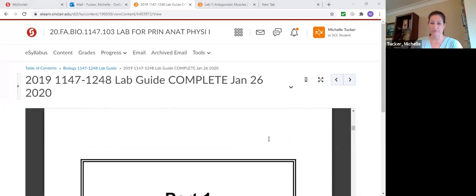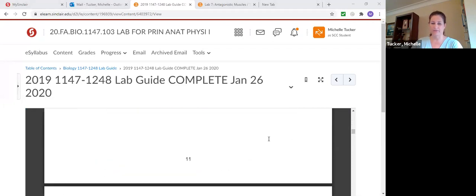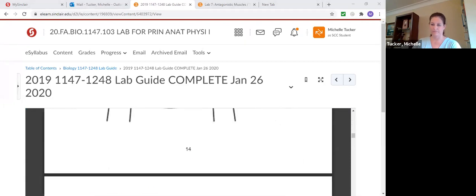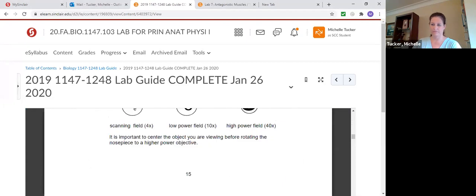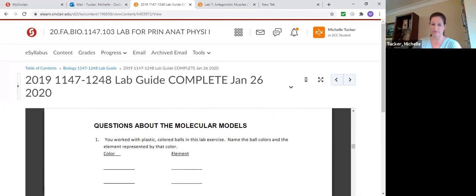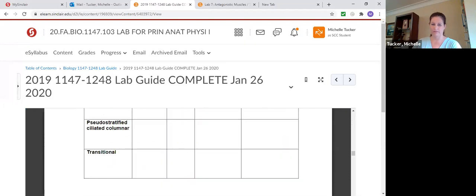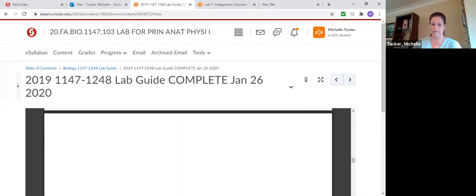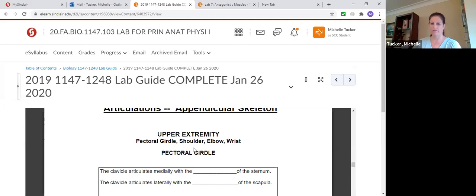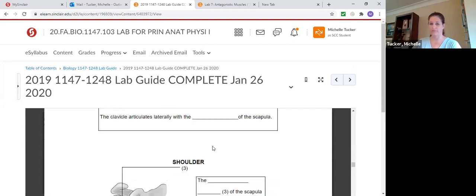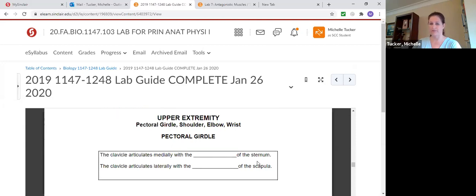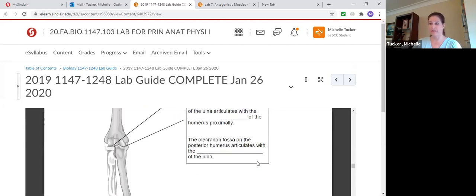But I definitely do recommend that you are going over these and completing these for each of the labs, because if you get to this week's, it has all these articulations that you need to know for the appendicular skeleton from 2 weeks ago, and that will be on the lab exam.